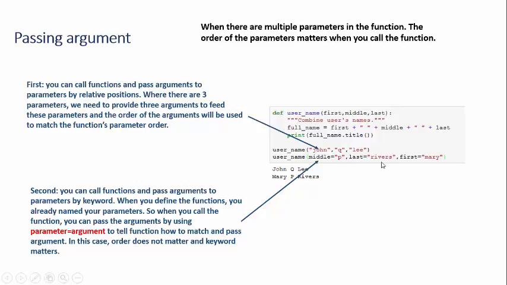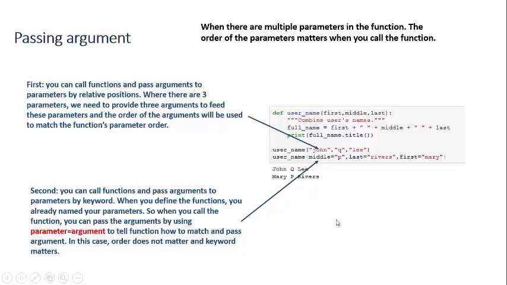In that particular case, when you are using keywords, that is, using parameter equal argument in your function call, the position actually doesn't matter. The only thing that matters is the parameter and argument pair. Python is going to automatically assign those arguments to the right parameters and pass them to the function.